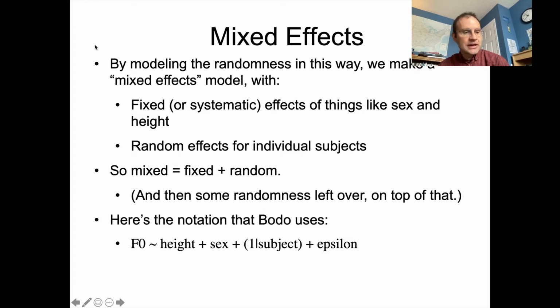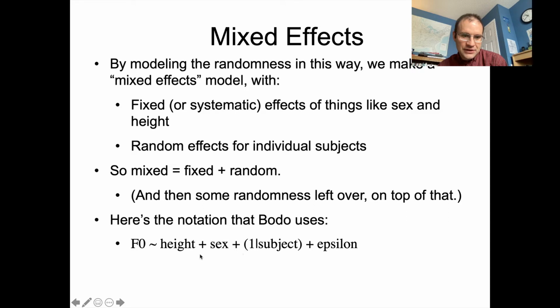So here's the notation that the tutorial uses to represent this sort of model. And this notation is being used because it's basically the notation that R uses. Here's our dependent measure, F0, fundamental frequency or pitch. And that depends on the speaker's height, the speaker's sex, who the speaker is, and then there's some randomness left over, which we're just calling epsilon, some individual variation for every single individual data point.